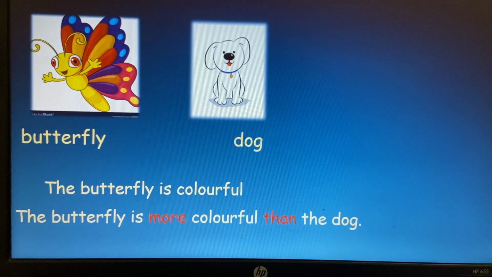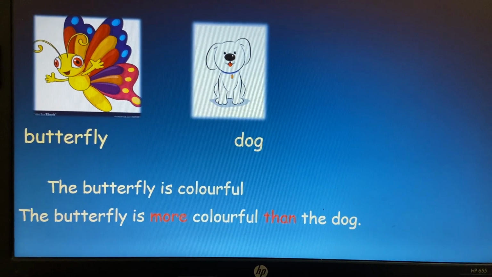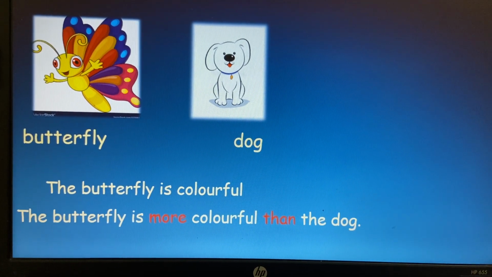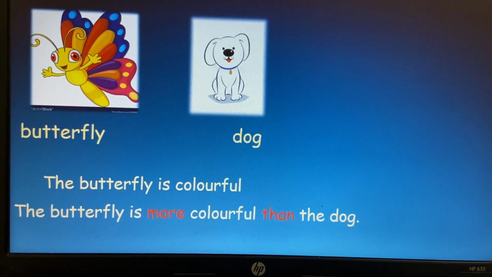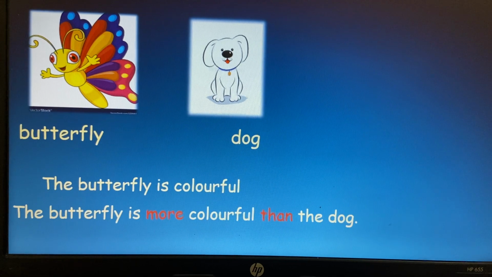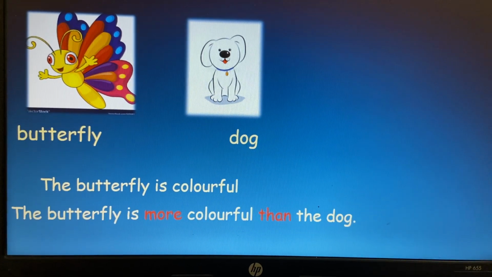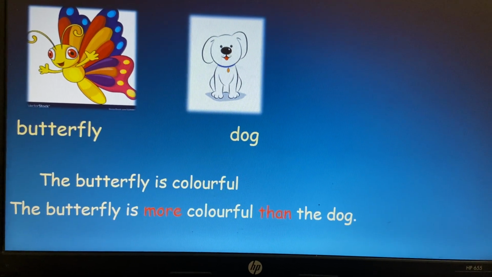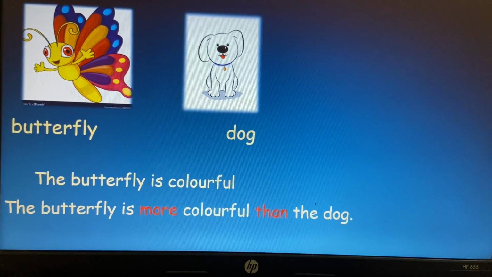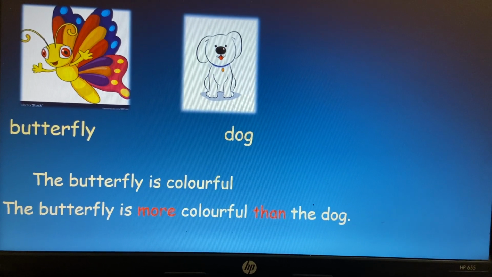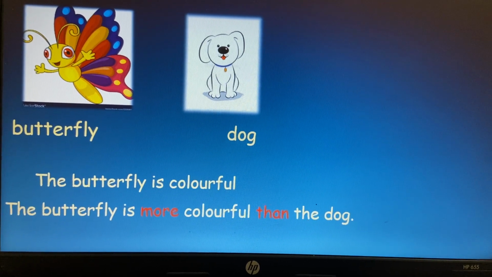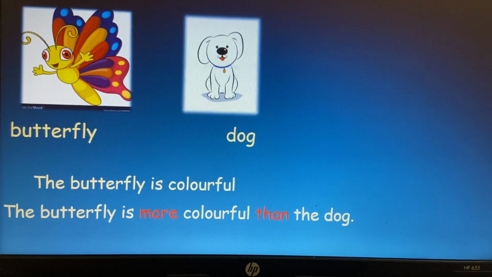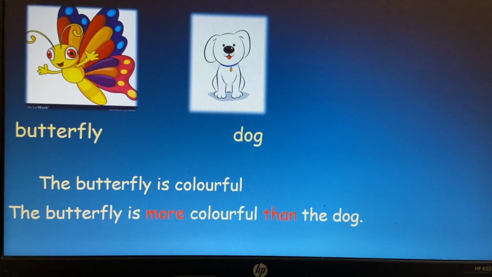So the butterfly is colorful, and the dog is white. It doesn't have any color. So the butterfly is more colorful than the dog.